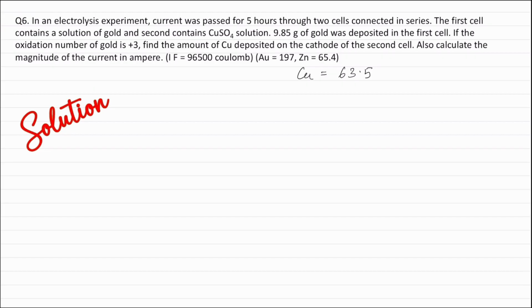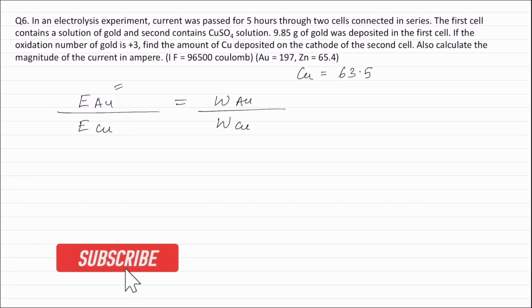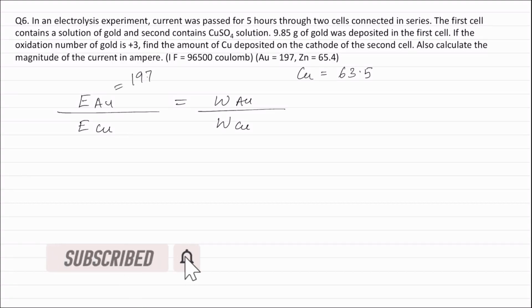Now applying the formula, equivalent weight of gold divided by equivalent weight of copper is equal to weight of gold deposited divided by weight of copper deposited. Equivalent weight of gold will be atomic weight of gold, that is 197 divided by 3.